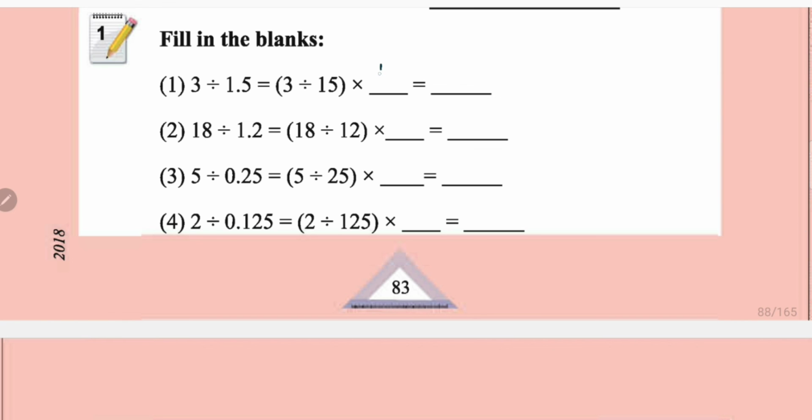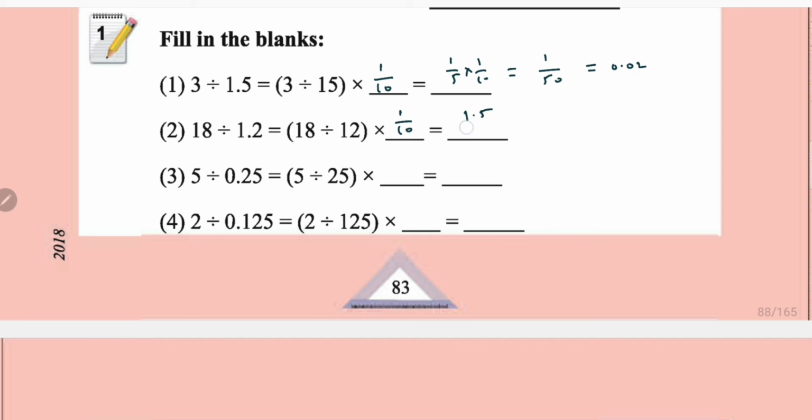3 by 15 by 1 by 10. 3 by 5, 15 is 1 by 5. 1 by 5 into 1 by 10. 1 by 50. Okay, how much is it? 0.02. 1 by 10, 18 by 12 is how much? 12 1s are 12, 12 5s are 60.